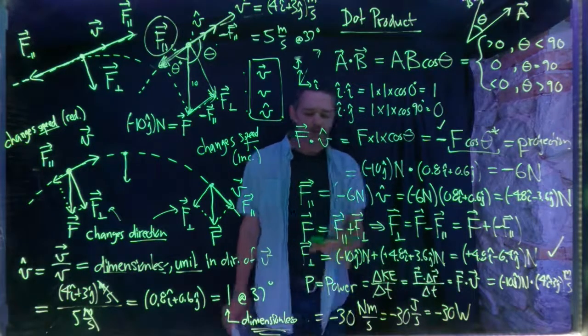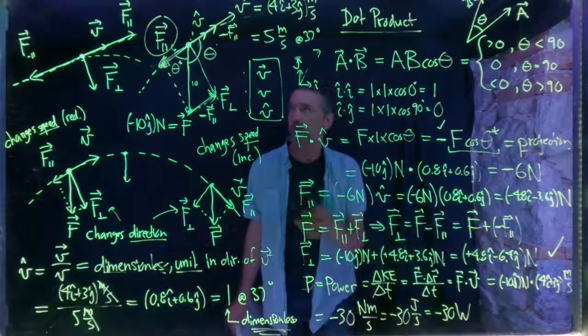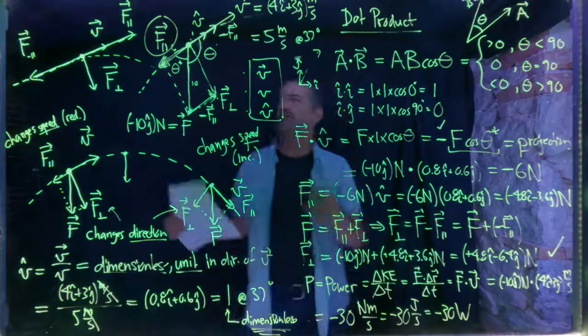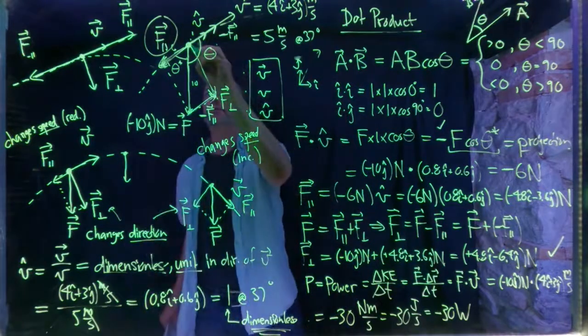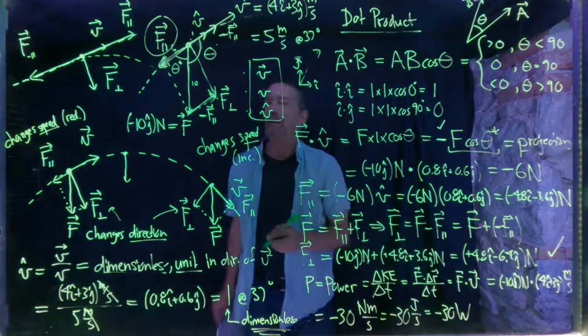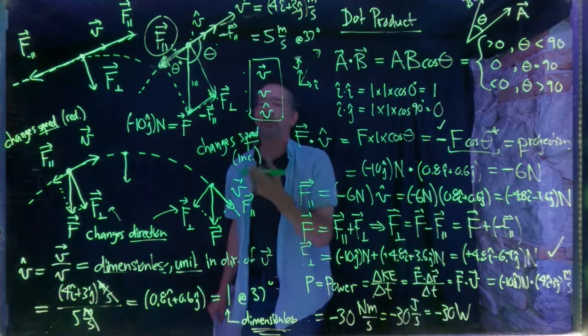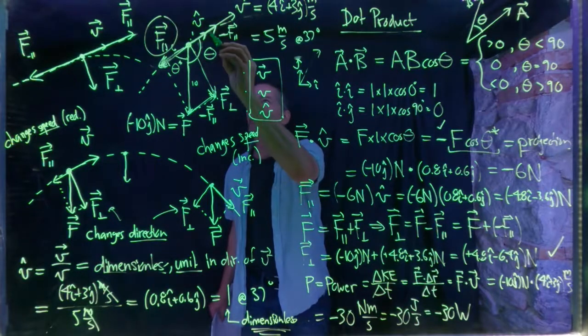This is just a simple example of how the dot product is used everywhere. We want to calculate the power, the rate at which the gravitational force is transferring kinetic energy to this object. We take the dot product and we get negative 30 watts. That means the gravitational field is removing 30 joules of kinetic energy per second.